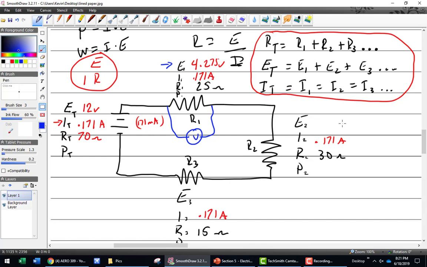What is the voltage drop across resistor 2? 0.171 times 30. So what do you get? 5.13 what?